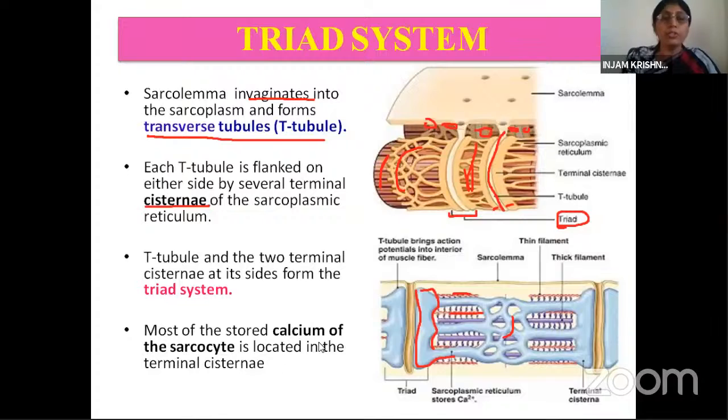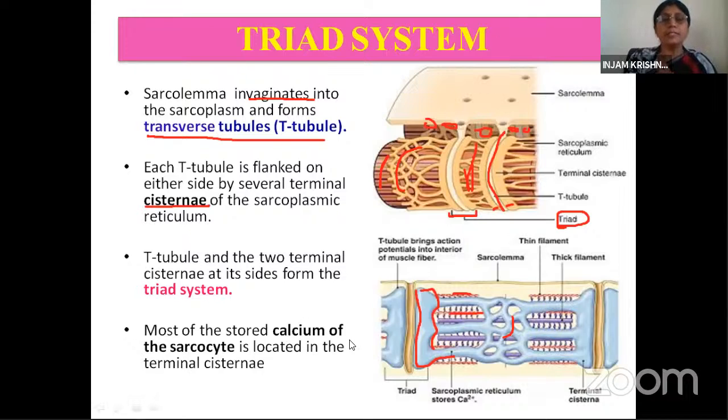I want to say one more thing here. Most of the stored calcium of the sarcocyte is located in the terminal cisternae. Already I told you the function of the cisternae is to act as a reservoir, where something is stored. What is stored? Calcium ions.